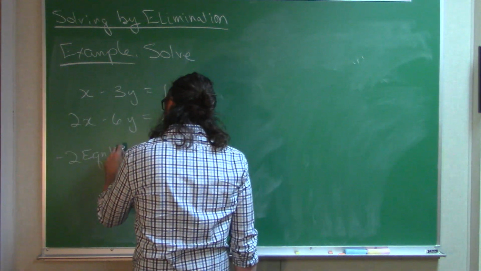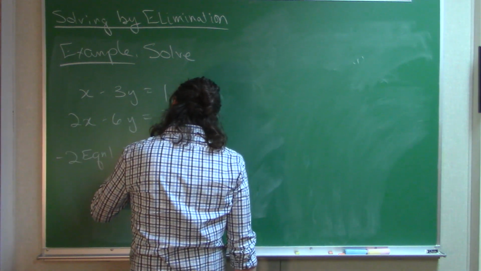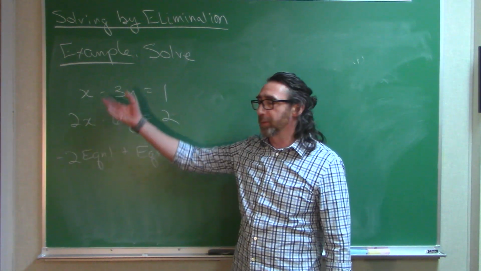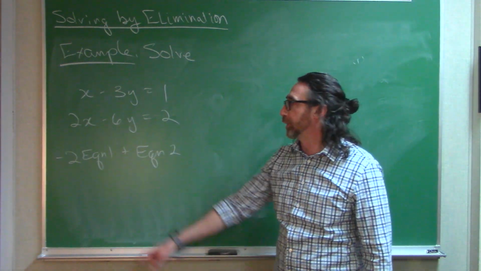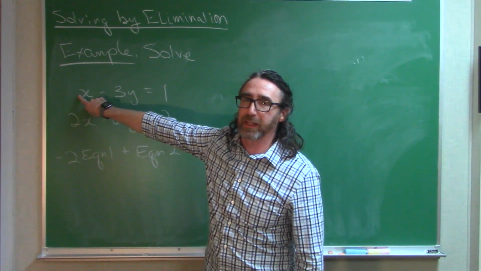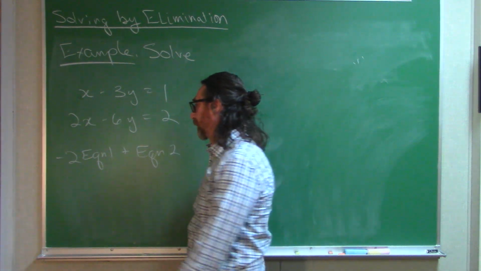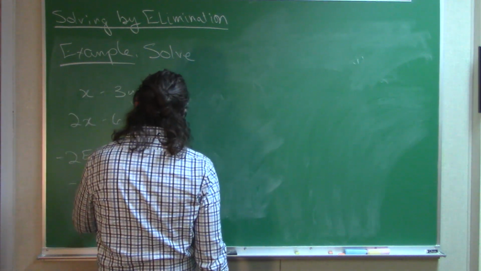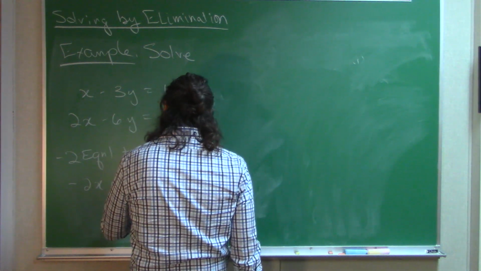Actually, let's do negative 2 equation 1 plus equation 2. All right, because remember, I want them to match but have opposite signs. So I have a 1x here, a 2 there, so I want this to be a negative 2 to cancel out. So negative 2x plus 6y equals negative 2.